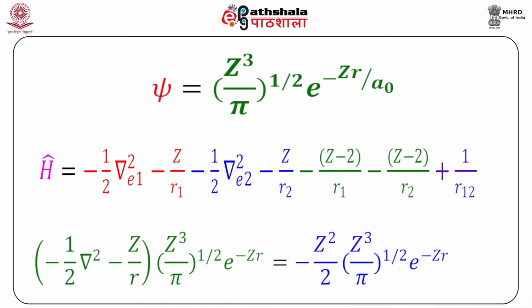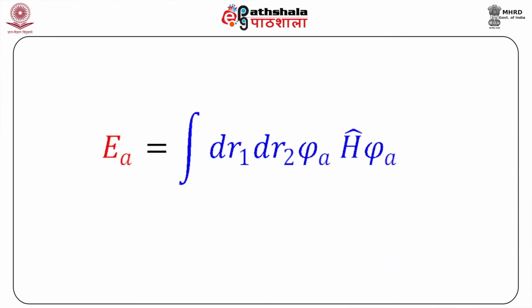The approximate energy for this problem is then calculated using the expression as in equation 16, where exact Hamiltonian is given by equation 14 and trial function is given by equation 13.